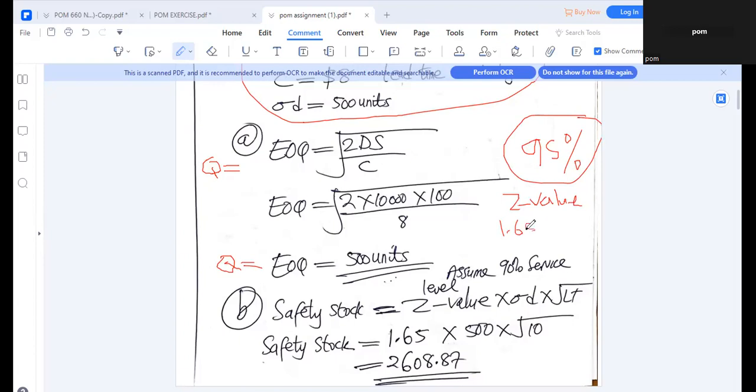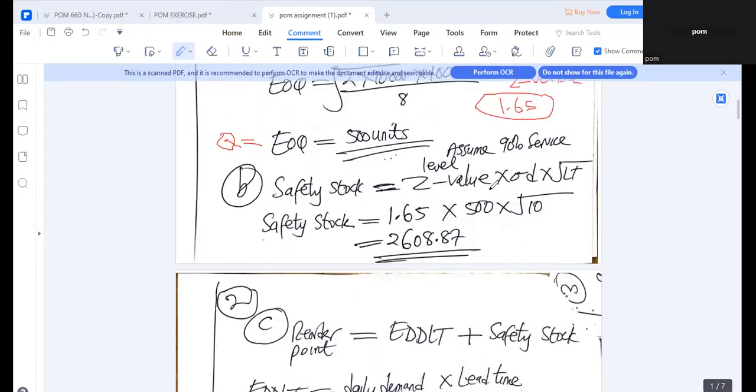That is our Z value. So the safety stock is equal to Z value. Assume this is 95% or 90%, still the same. We use 1.65 approximately.